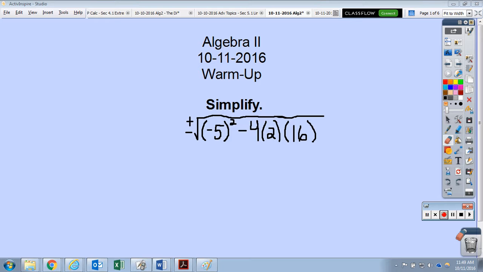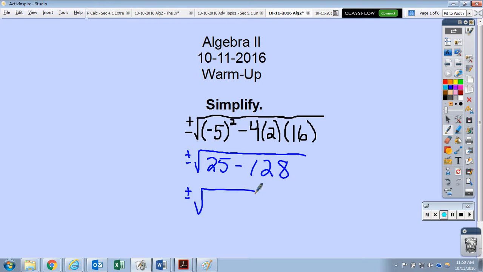All right, so let's take a look at this one up here. See if we get the same thing, plus or minus for -103. So when we do this, just be careful. So we have -5 squared, that's contained in parentheses, which is 25, minus... good.